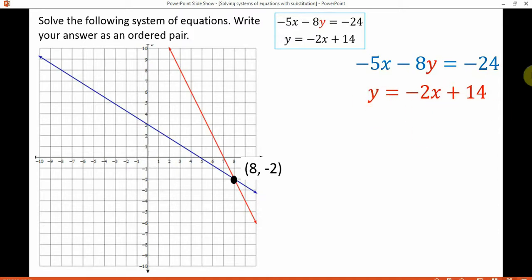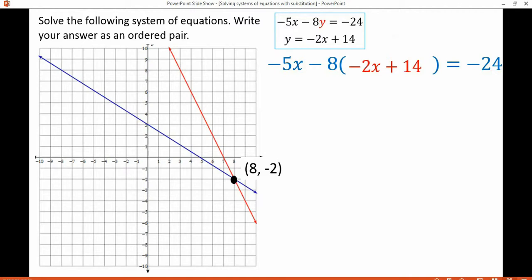Because negative 2x plus 14 is the same exact thing as y, I can find out where these two equations are going to meet, or where they're going to equal each other, by just taking out the y, kicking him out, and replacing that y with what the other equation said y was equal to, which is negative 2x plus 14. In other words, I took this, negative 2x plus 14, and I stuck it in for y.